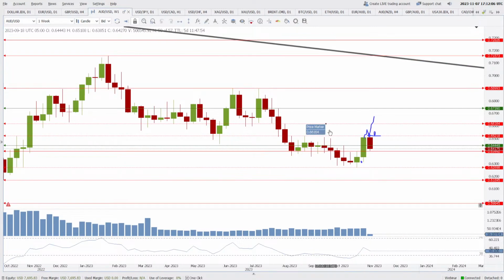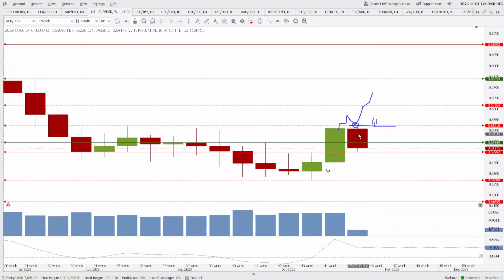We have the weekly, and 0.6521 is still the resistance.